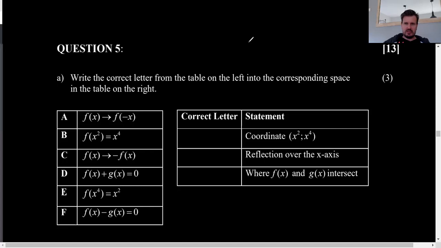Let's say you had a function like this, and you had a point over there, and that x value was +1. Then if you mapped it, it would go to -1, which would be on this side. So it goes from there to there.